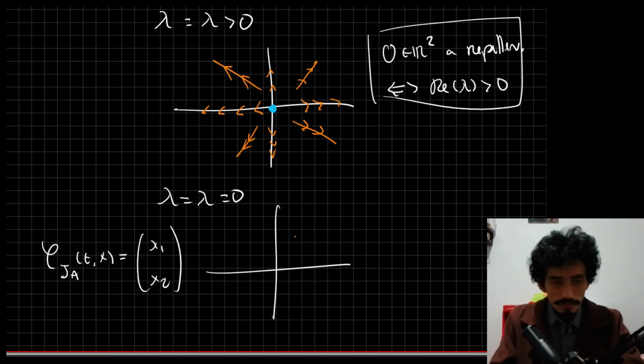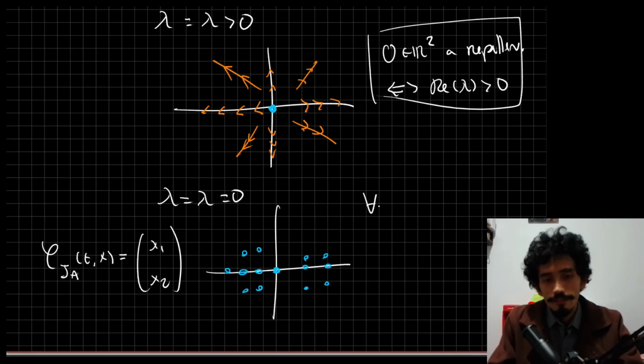So for every point that we take besides the origin, everything just stays there. Nothing moves. The flux is always constant. So we say that for every point in R2 in this case, the flux of x is equal to x.